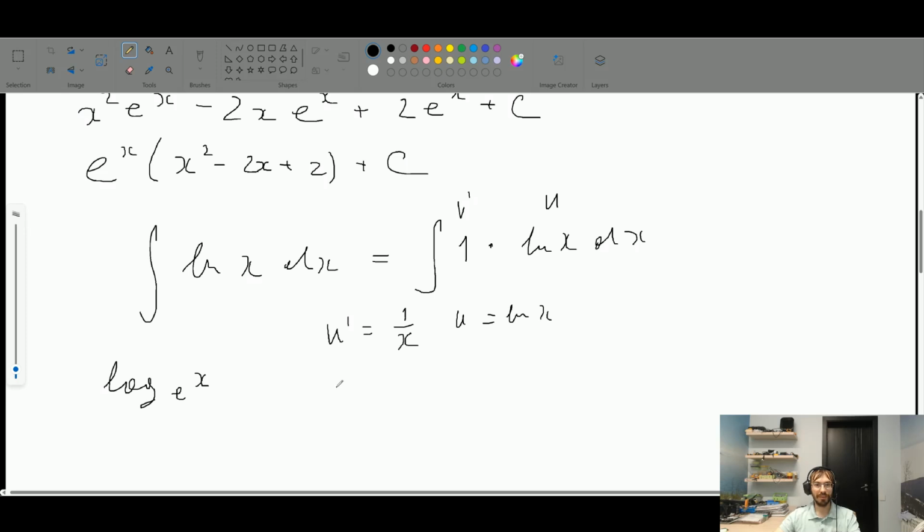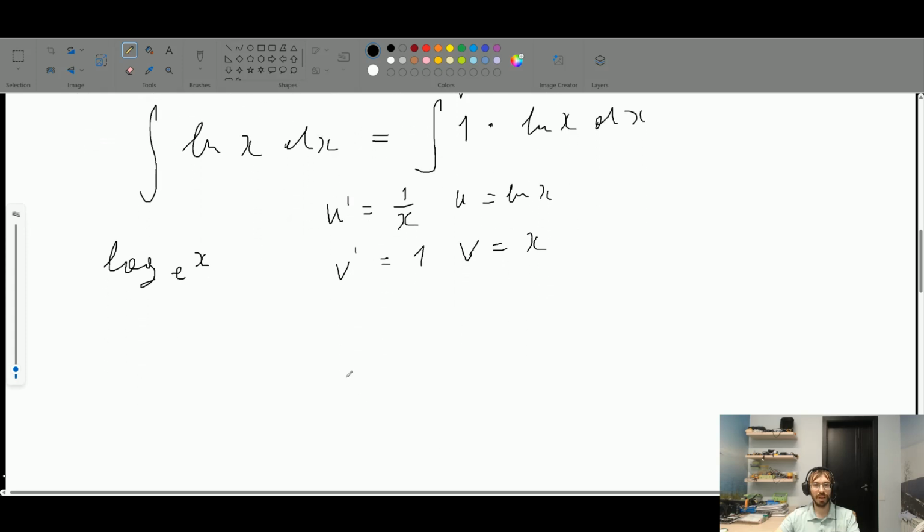And then if v dash is 1, then v is relatively simple. It will be the integral of 1 with respect to dx, so it will be just x. And that's nice, because although here x will appear out of 1, which makes things more complicated, ln will disappear into 1 over x, which is much easier to deal with.